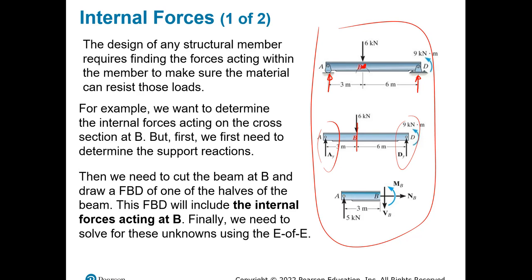By breaking the part into two, we'll be developing some internal forces, and those are the ones we're about to discuss. Once you have the internal forces, you will be able to study the left side of the beam, which at the end will be exactly the whole beam.